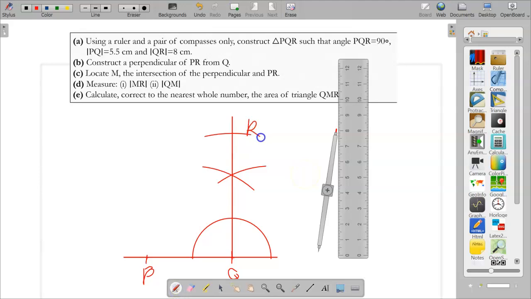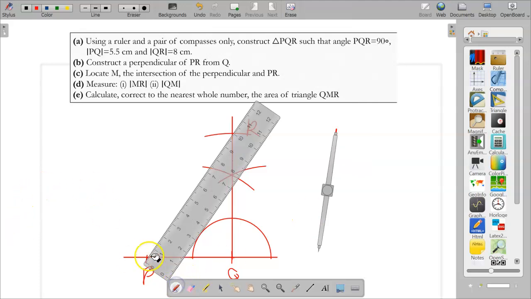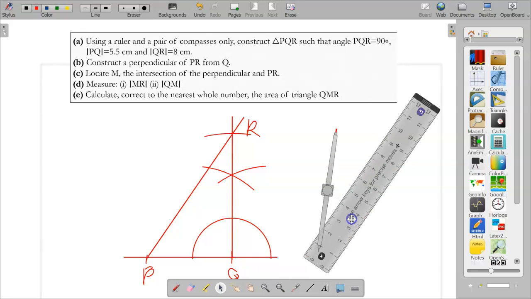So here is my R, and because it's a triangle, I'm going to join R to P so I can get my complete triangle. So I can join from here and draw my straight line to meet the point R. Then I have my triangle PQR drawn. Now that answers the A part of the question.